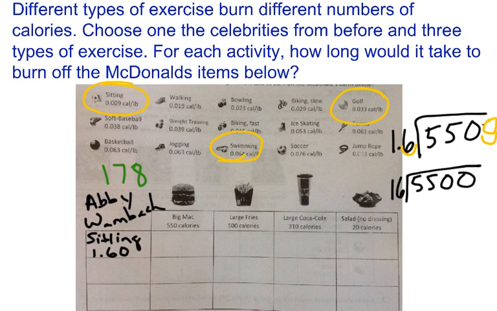5,500 by 16. Now, I can see that 16 can go into 55 3 times. And I'm going to go a little bit faster with the steps. Gives me a remainder of 7. Bring down the 0. 16 can go into 70 4 times. 4 times 16 is 64.